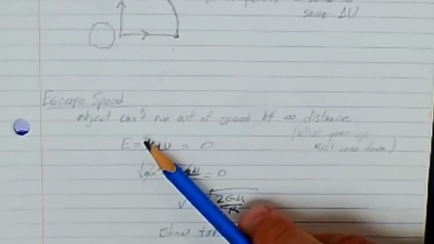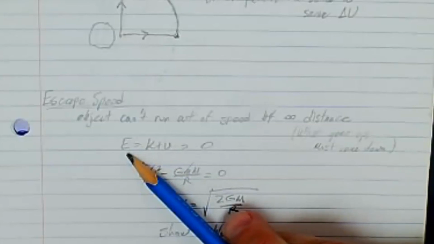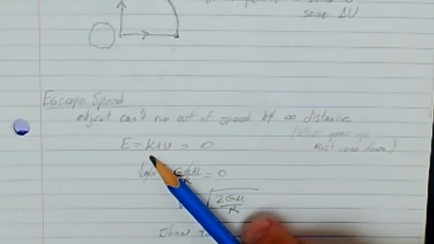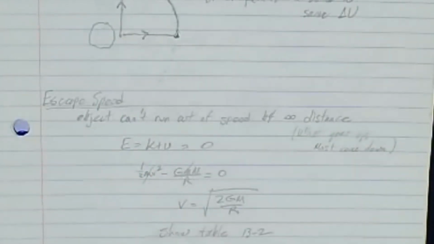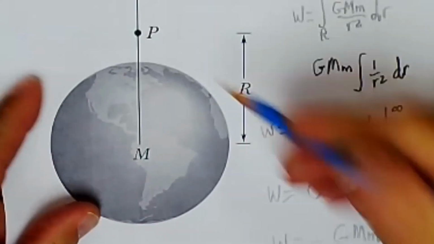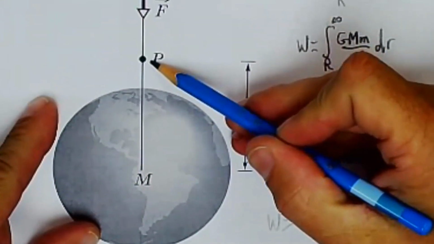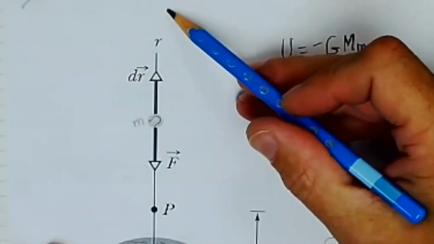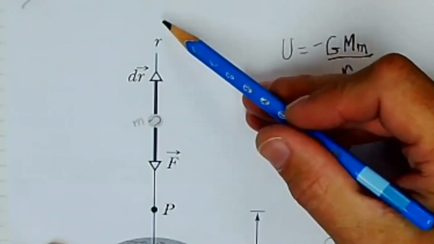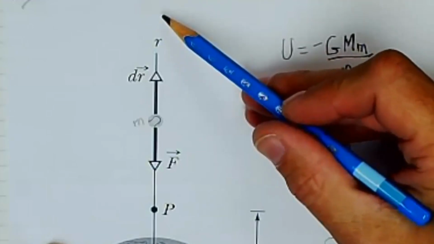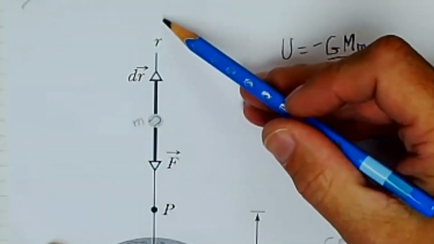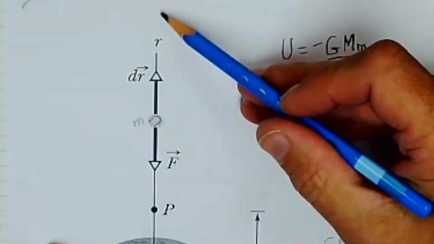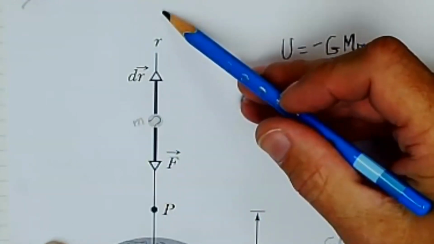We know that the total energy of the system is the kinetic energy plus the potential energy. So remember, at this point, the total energy is K plus U. When it gets to infinity, that's when the potential energy is 0, and in order to get there, that's where it has to just reach when it runs out of speed.